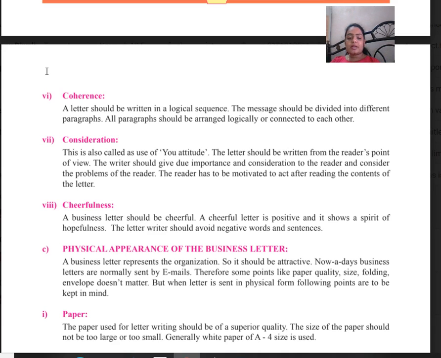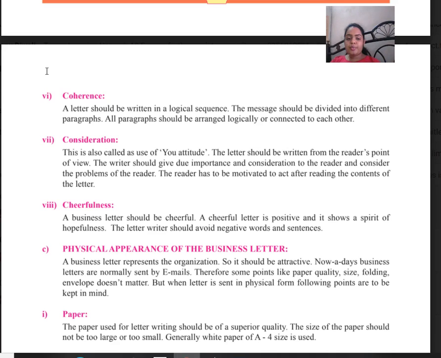Then consideration. This is also called the use of you attitude. The letter should be written from the reader's point of view. The writer should give due importance and consideration to the reader, and consider the problems of the reader. The reader has to be motivated to act after reading the contents of the letter.